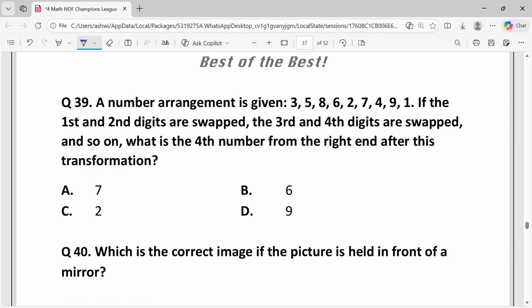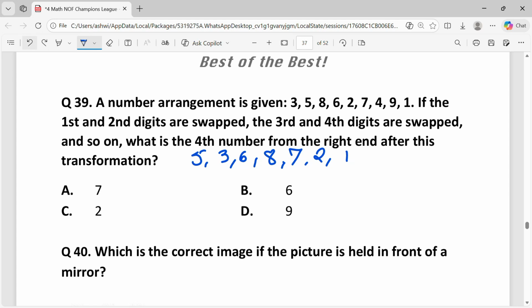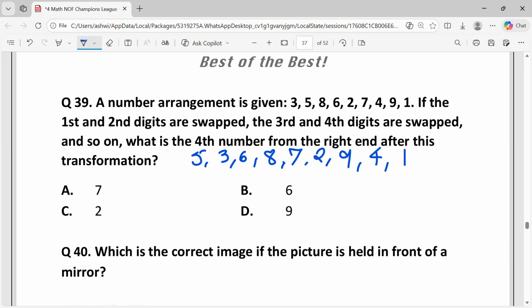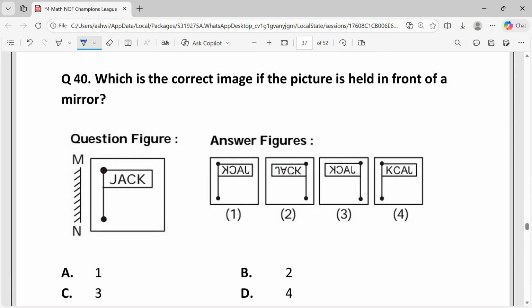Swapping all the pairs, we have 5, 3, 6, 8, 7, 2, 9, 4, and 1 remains as it is and does not have a pair. So the fourth number from the right end will be 1, 4, 9, and 2. That is C, 2.